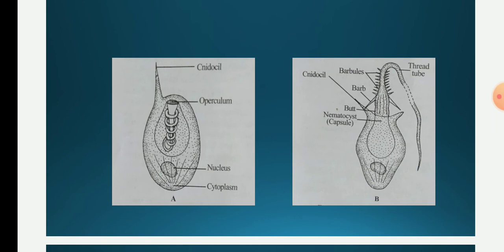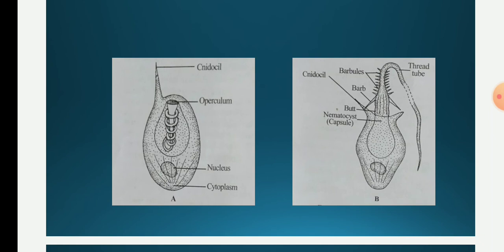Then the base of the thread is covered by a lid called the operculum. In figure A, the operculum is shown. By the side of the lid, a small hair-like structure is found, and it is called a cnidocil.